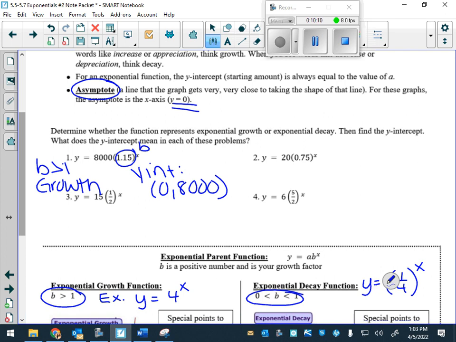Now, if there's transformations, it could change, obviously. Now, if we look at number 2, what's our b value? Do you know? So our b value is 0.75. Is that b value greater than 1 or in between 0 and 1?